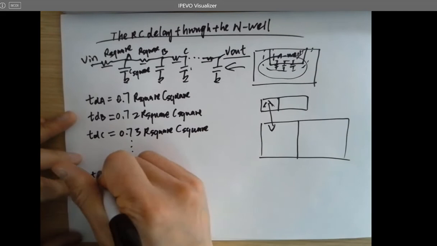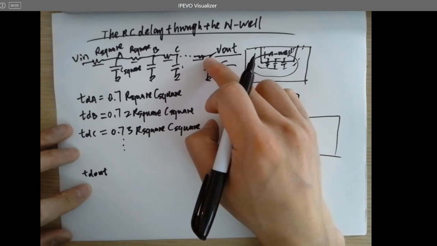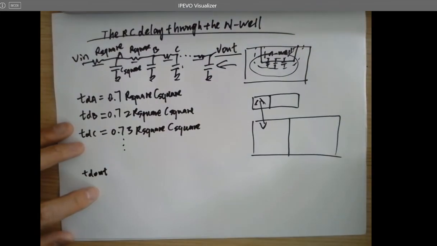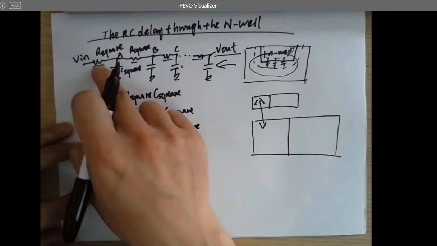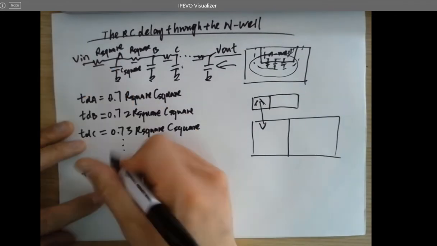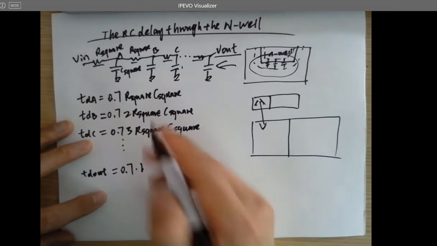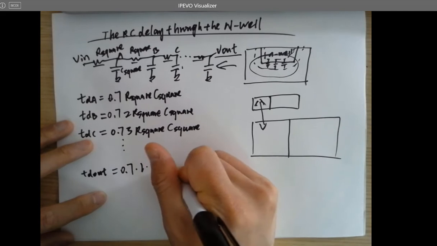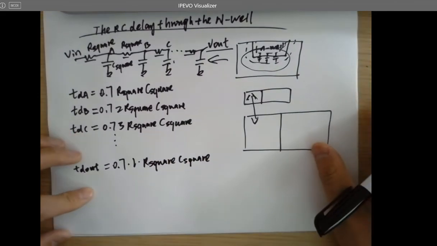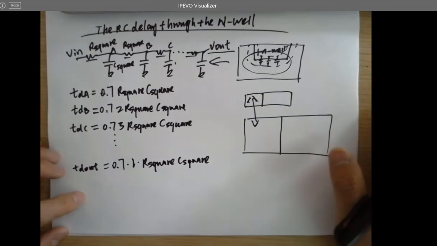So what about TD out for the very last one here? For example, we have L resistors. So this equals 0.7 times L, instead of 1, 2, 3, but L, R square C square.